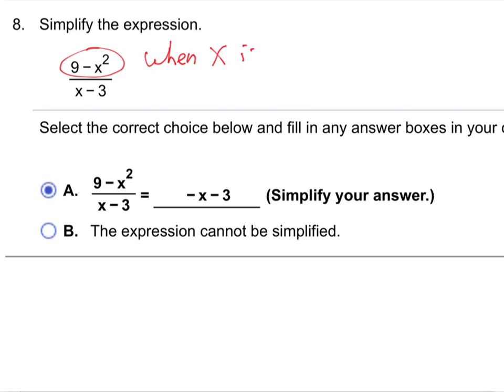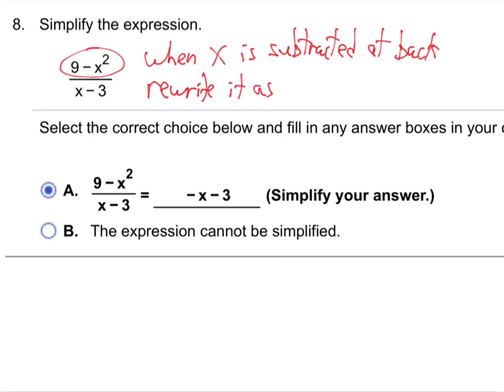When x is subtracted at the back, rewrite it as -1 and flip it. Put the x in the front. Flip x to the front.